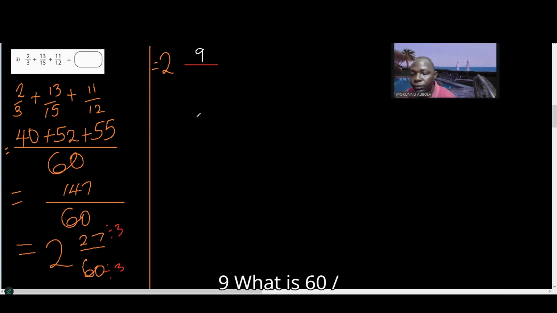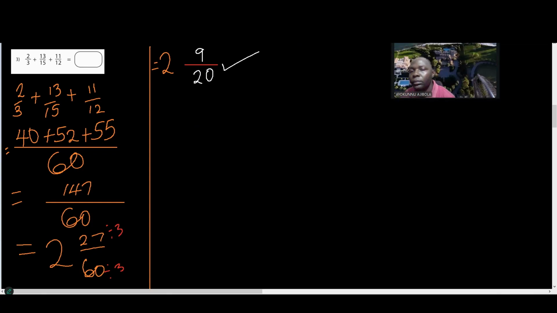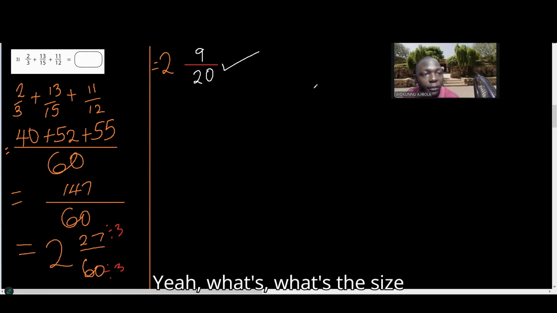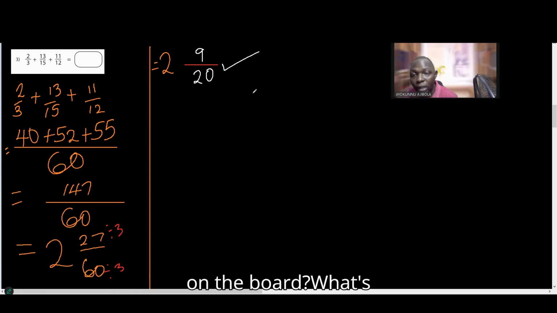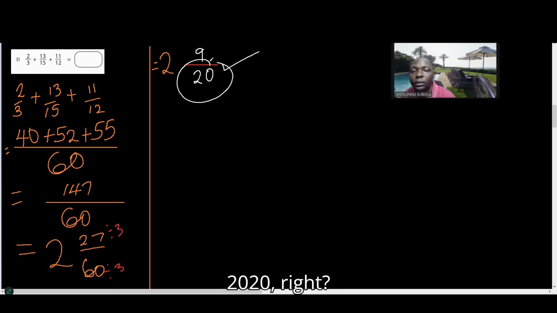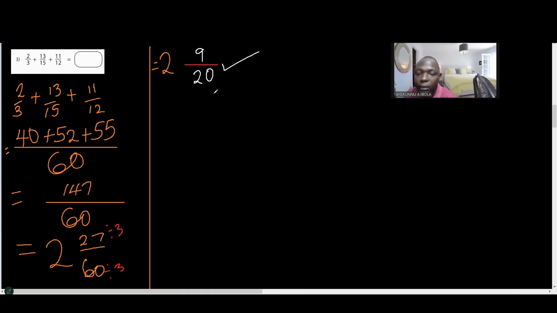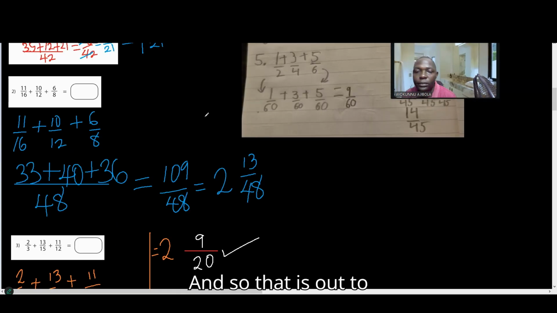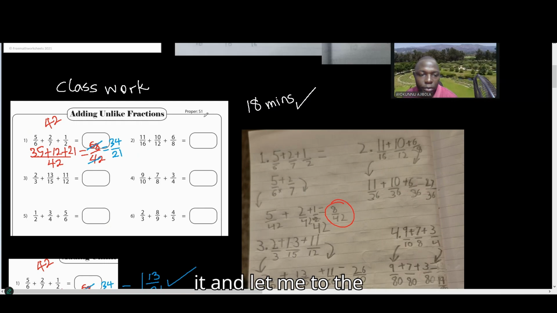What is 60 divided by 3? The answer is on the board. What's 60 divided by 3? 20. So that is how to do it.